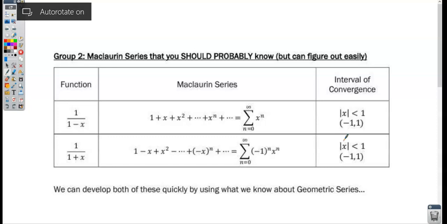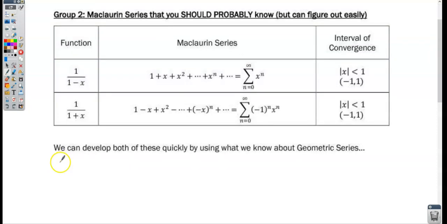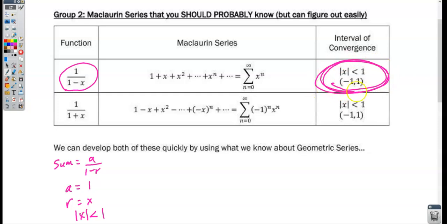If we look at a geometric series, the sum is equal to a over 1 minus r. So when I look at 1 over 1 minus x, that's a series with a equals 1 and r equals x. So as long as the absolute value of x is less than 1, this converges. That's where that interval of convergence comes from.